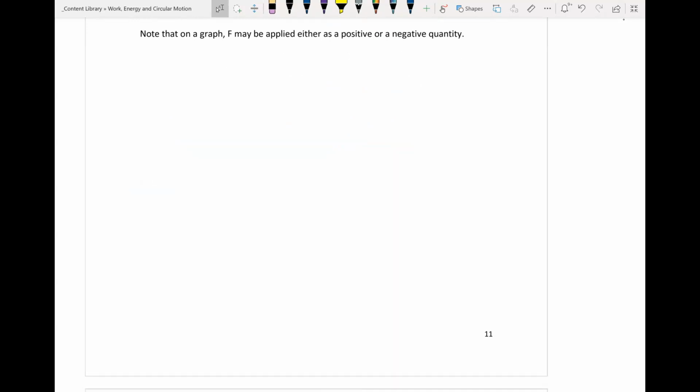Now we're going to try this again. F may be applied either as a positive or a negative quantity. So here's another graph that we are going to look at.